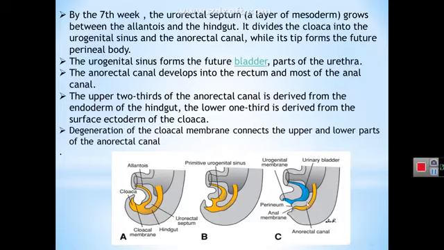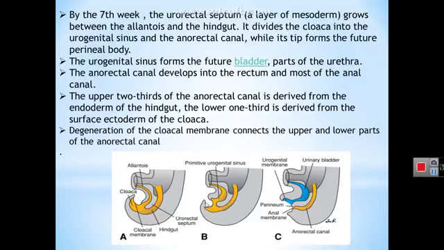The upper 2/3 of the anal canal is derived from endoderm. The lower 1/3 is derived from ectoderm around the proctodeum.